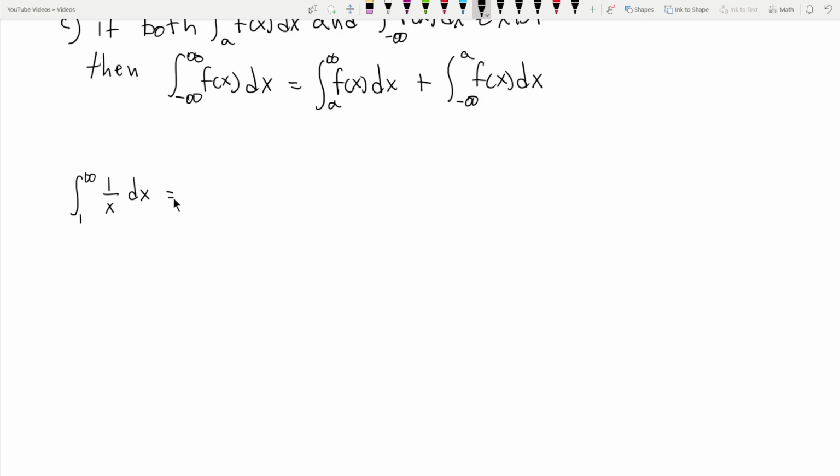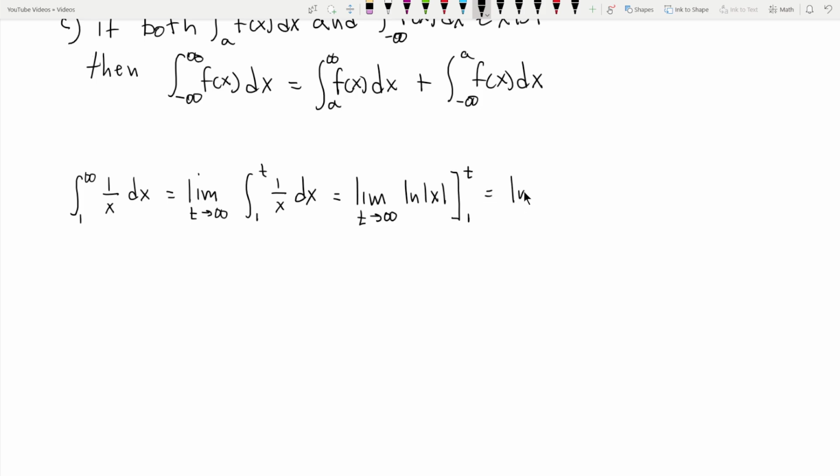If I follow my definition, what I'm going to do is say the limit as t goes to infinity of the antiderivative from 1 to t of 1 over x dx. So that's my first step. Now I'm going to take the antiderivative of 1 over x, and the antiderivative of 1 over x is the natural log of the absolute value of x, and then that's going to get evaluated from 1 to t.